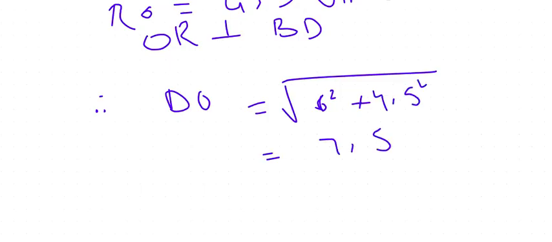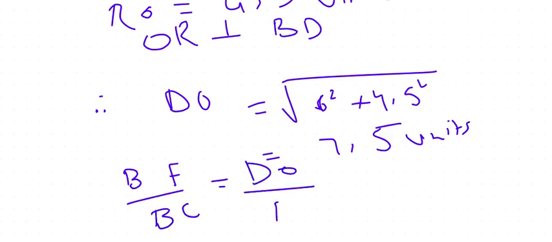All right, so how can we say that BF by BC equals DO by DC? Because the line is parallel to one side of the triangle. So this is the required answer.